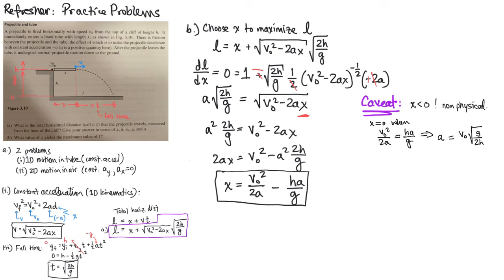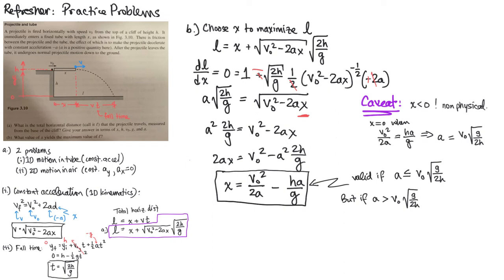Okay, so our solution here is valid if A is less than that acceleration. In other words, if the ball doesn't slow down too much in the tube. Okay, but if the acceleration is bigger than V naught root G over 2H, then we have a little problem, and we have to think more about that one.